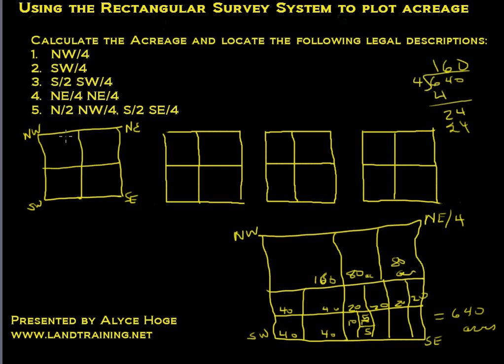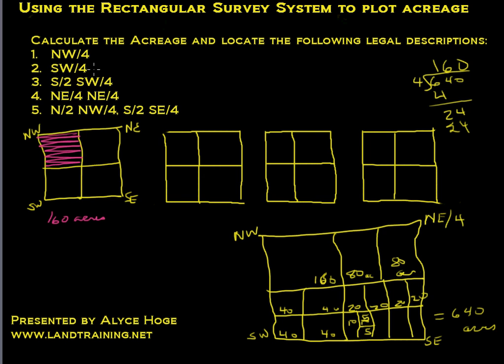I'm going to color it in as the northwest quarter. Very simple, very straightforward. How many acres is in this northwest quarter? Well, 640 is divided into 4, so this is going to be 160 acres.